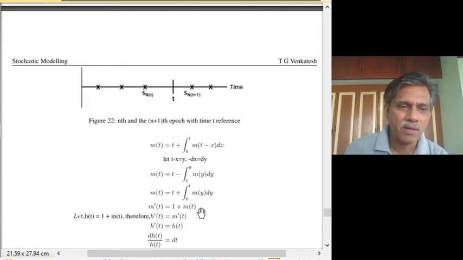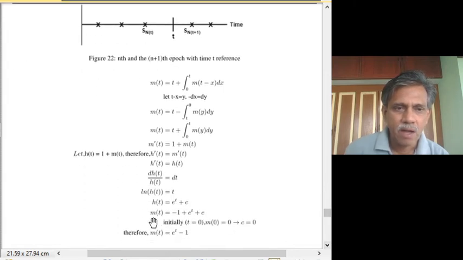To solve it, we will define another function h of t, which is 1 plus m of t, and therefore h dash of t is also equal to h of t. So with this transformation we get h dash of t is equal to h of t, and therefore dh of t by h of t is equal to dt, which on integrating gives natural logarithm ln of h of t is equal to t plus c, and therefore h of t will be simply e power of t plus c.